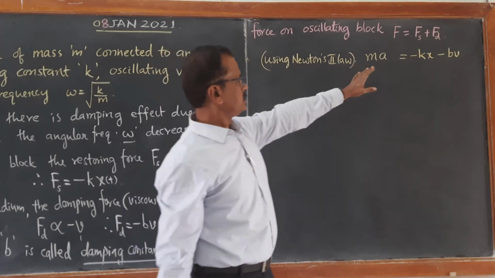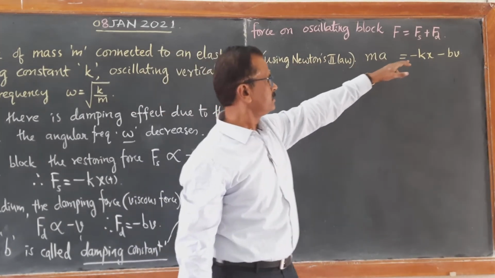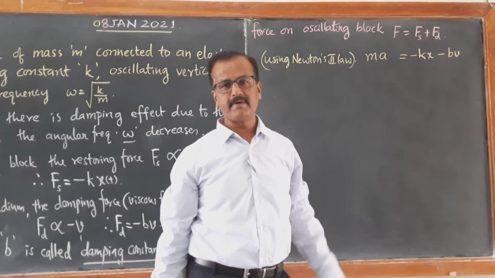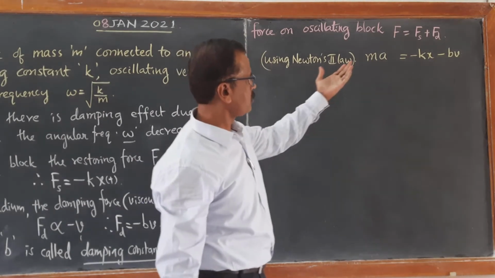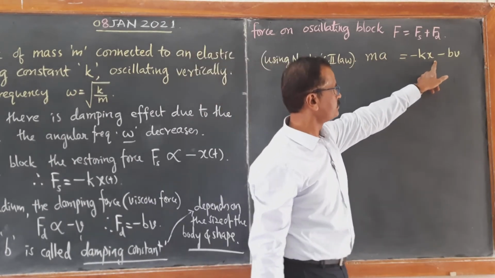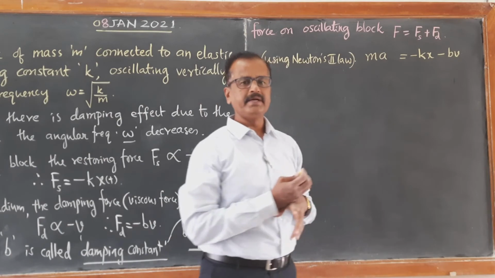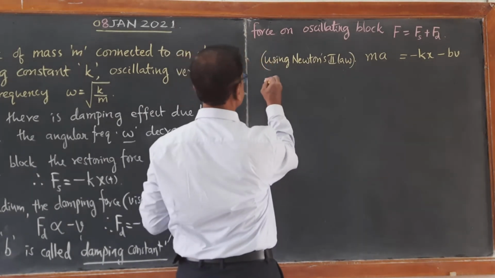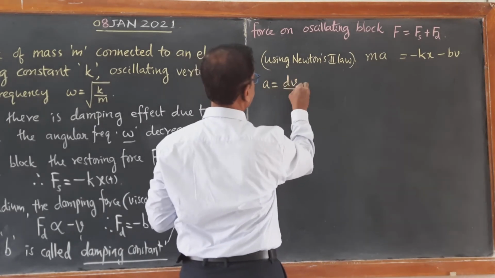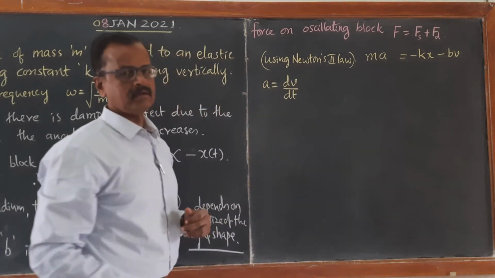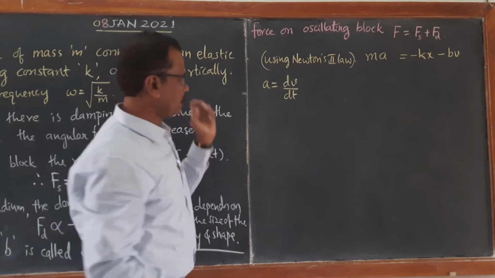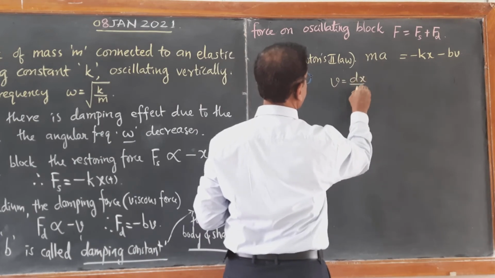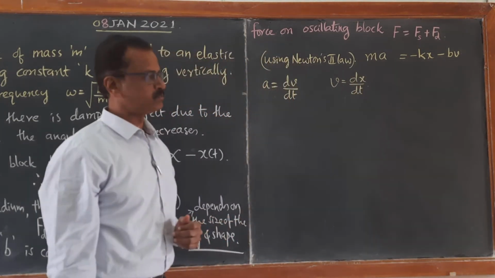Now you see, acceleration is time dependent, the displacement is also time dependent, and the speed of oscillations is also time dependent. So all these quantities, acceleration, displacement and velocity, are time dependent. We know that a is equal to dv by dt, the rate of change of velocity, and v is equal to dx by dt, the rate of change of displacement.